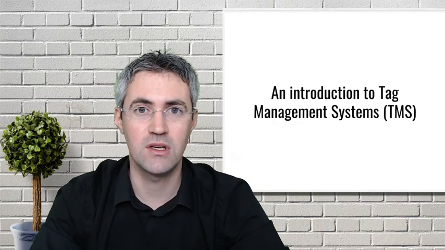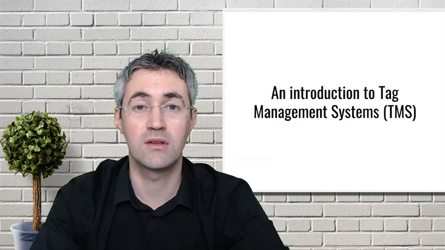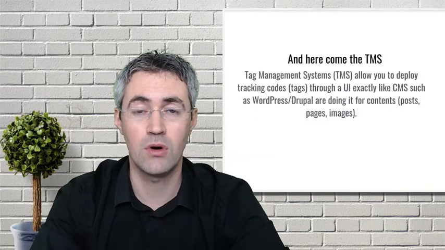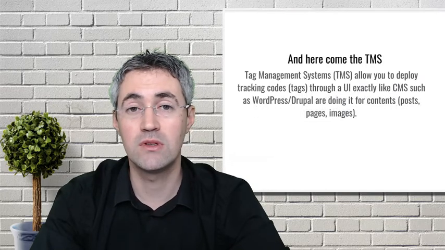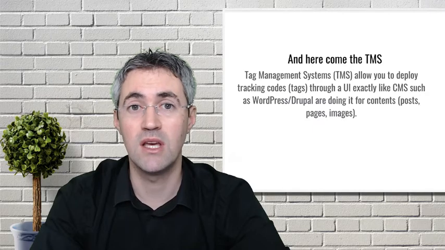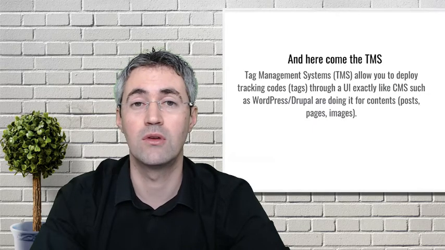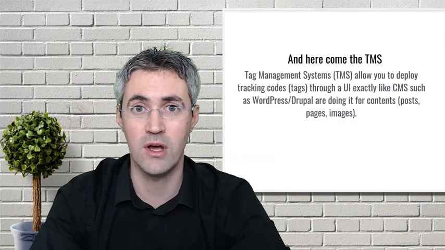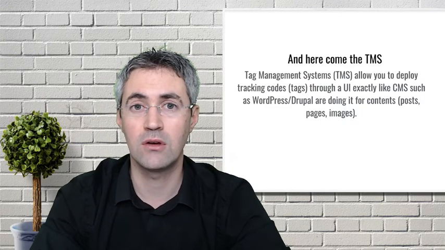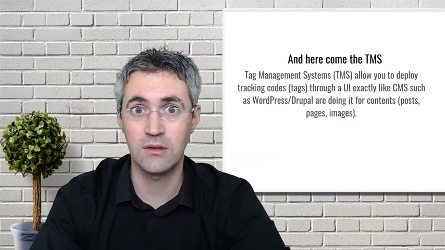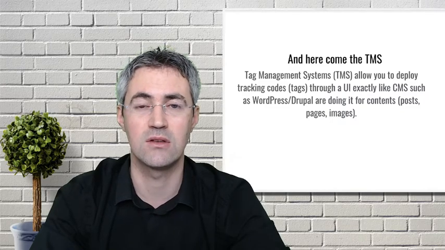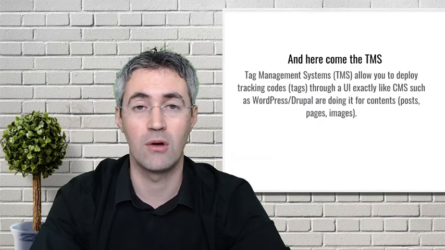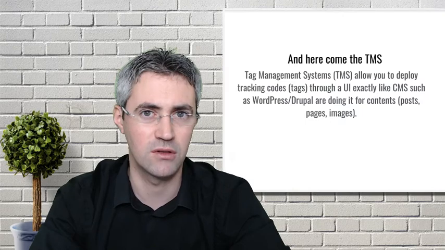So in today's session we are going to see what a tag management system is in general. The acronym is TMS. Most of you probably know what a content management system is, such as Drupal or WordPress. CMSs are here to manage content, such as text, images, everything that deals with blog posts, pages, in general text content.